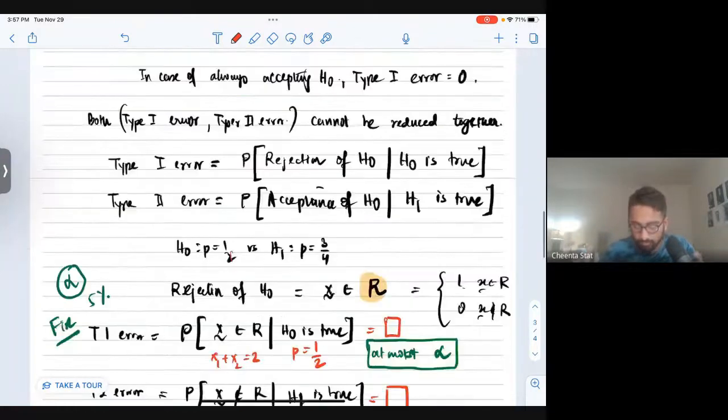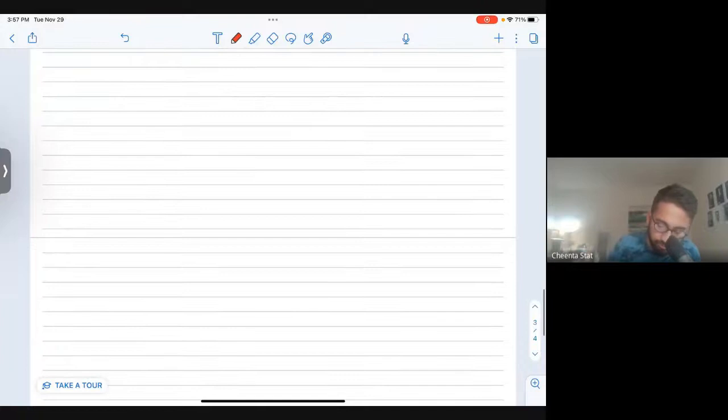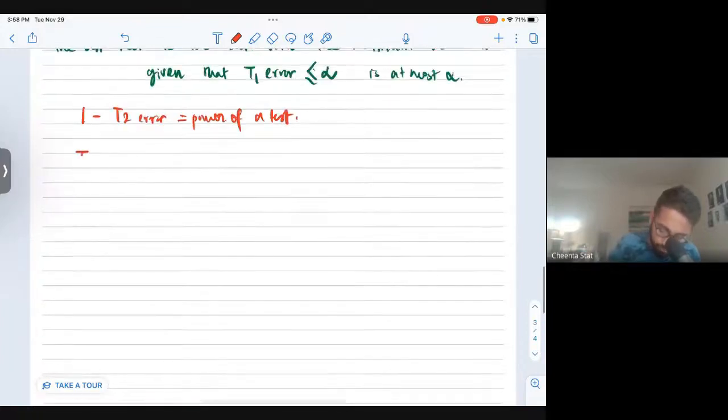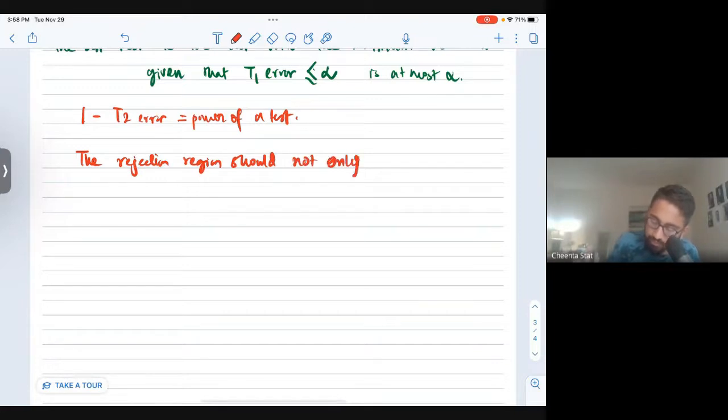The goal is that the rejection region should not only anti-support H naught, but it should also support H1.